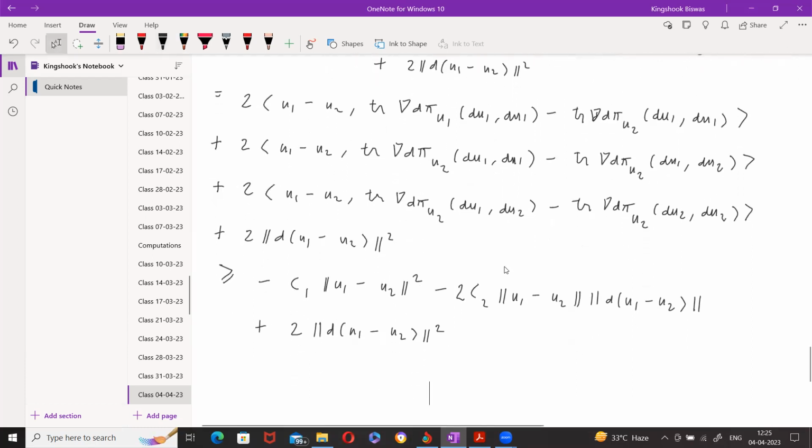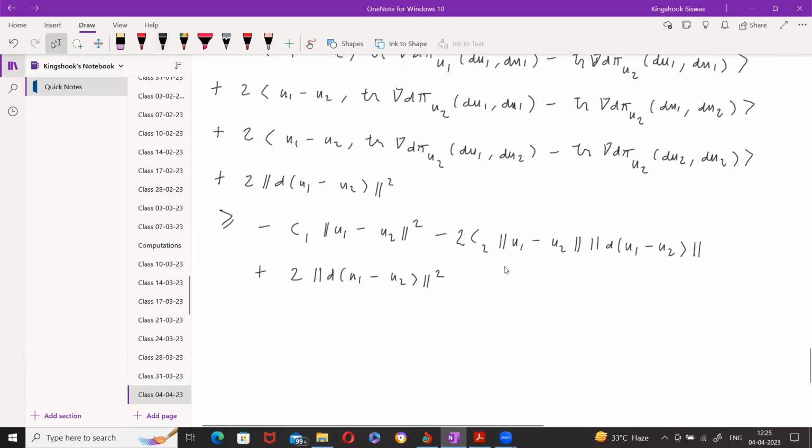Fine. And now I can use the AM-GM inequality. So I want to get rid of this norm d of u1 minus u2 squared.